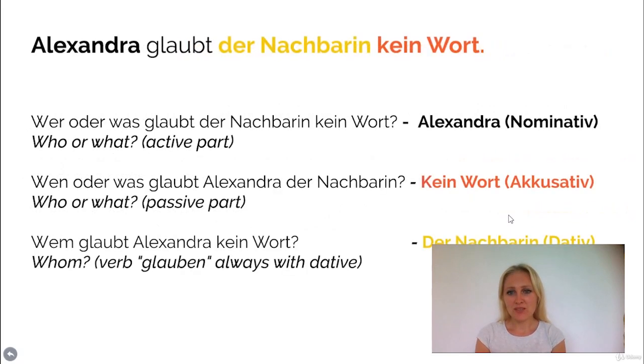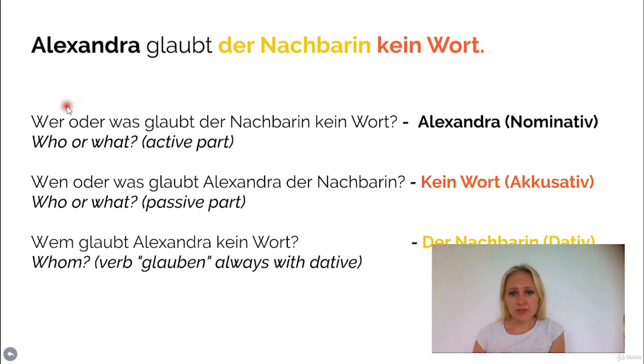So the next sentence, Alexandra glaubt der Nachbarin kein Wort, which means Alexandra believes no word to her neighbor. Here, kein Wort, the negation, because we're negating the word completely. It's not even one word that she believes to the neighbor.